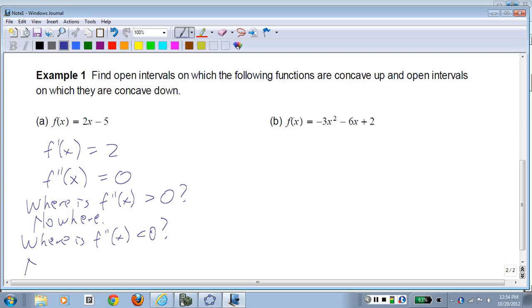Again, nowhere. So f is not concave up anywhere, and f is not concave down anywhere. There's no curvature at all to the graph because we know this graph. It's a straight line. So we would say it's neither concave up nor concave down anywhere.